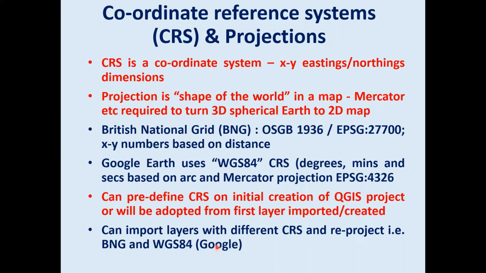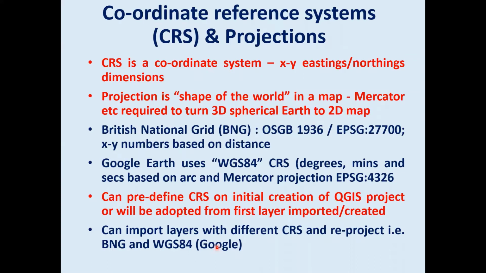The projection is slightly different. That is the shape of the world in a map. And again, those of us who did geography many years ago will have heard of Mercator projections. And it's the way of turning our 3D spherical Earth into a flat 2D map.